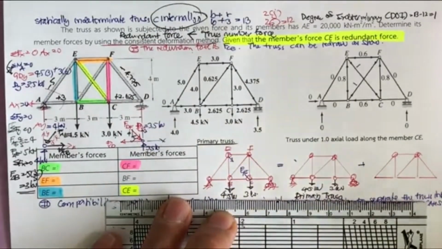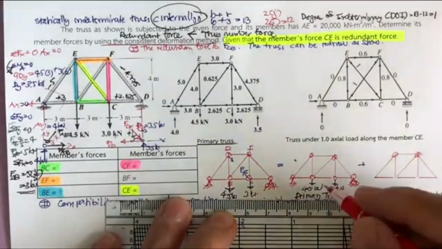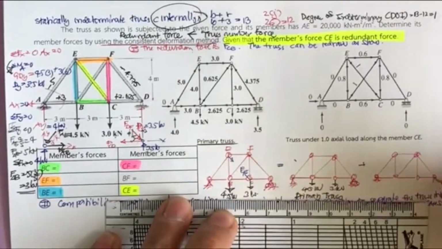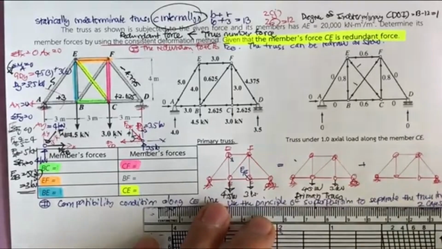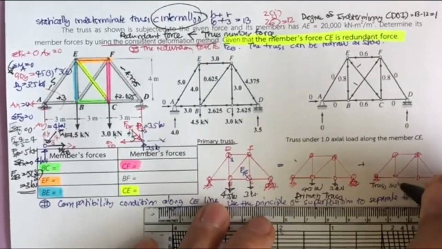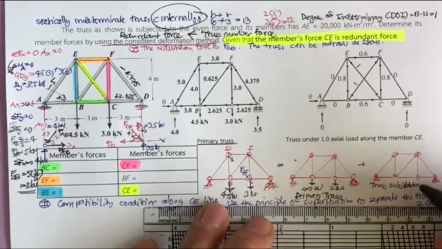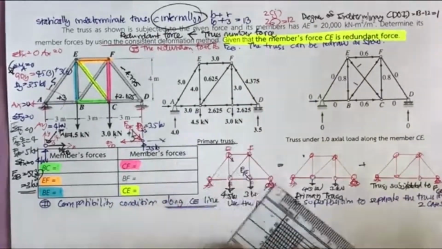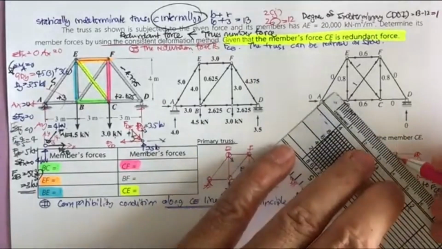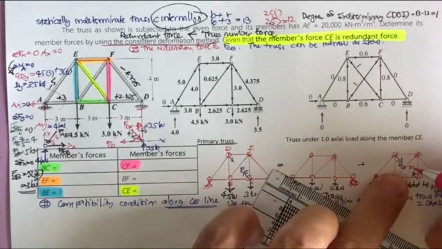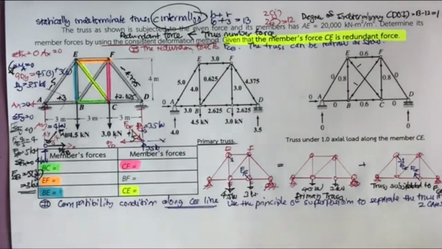That is going to be subjected to the given load, and we have another truss here, the truss subjected to F sub CE. So this one we put F sub CE into the truss. This is F sub CE, and this is F sub CE.